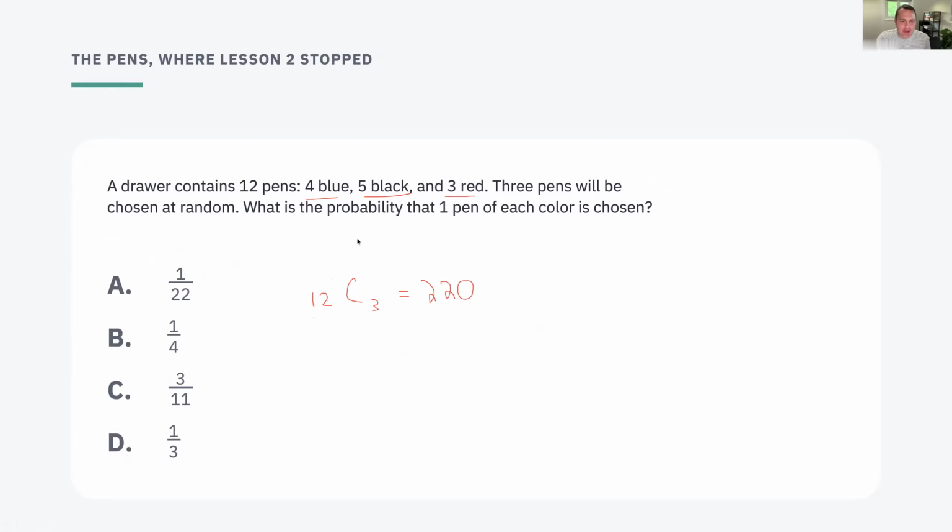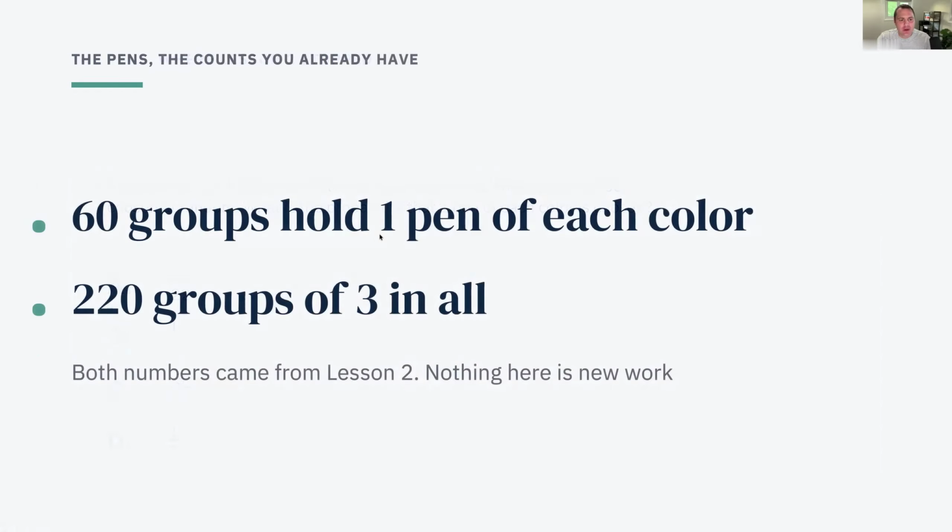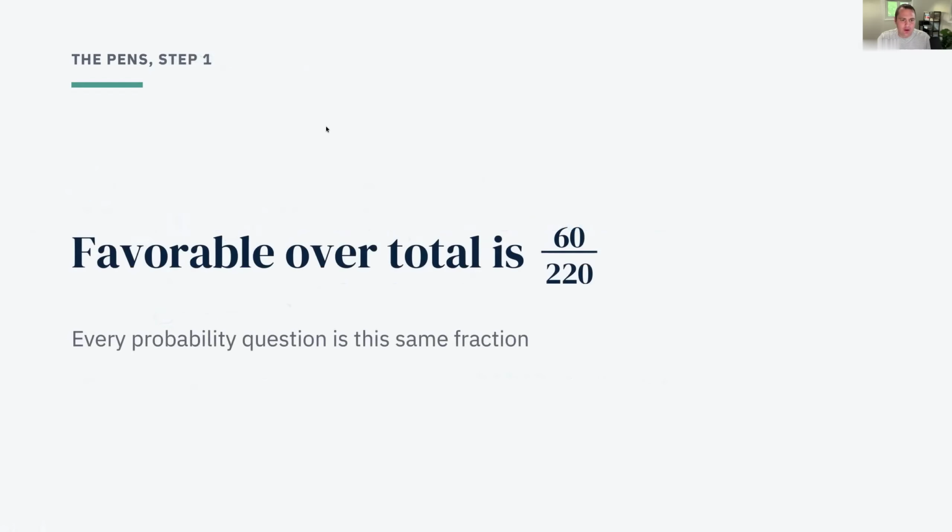I could write out dashes for blue, black, and red, but that is the concept. That's a quick review from where we stopped in lesson 2. So again, we have, in this case, 60 groups holding 1 pen of each color and 220 groups of 3 in all. Both of these came from lesson 2, nothing new here.